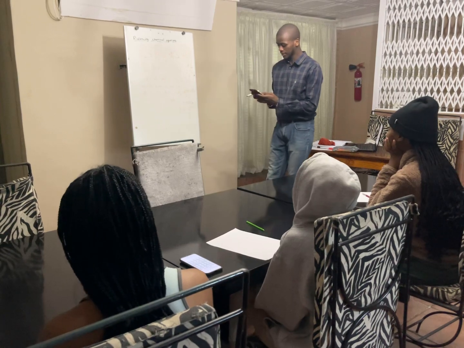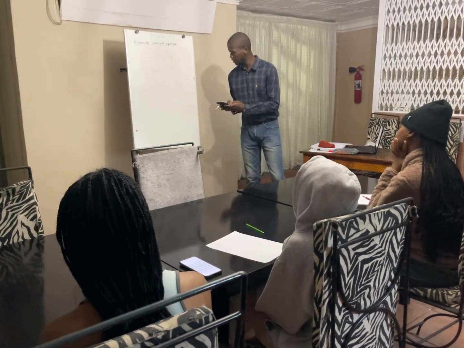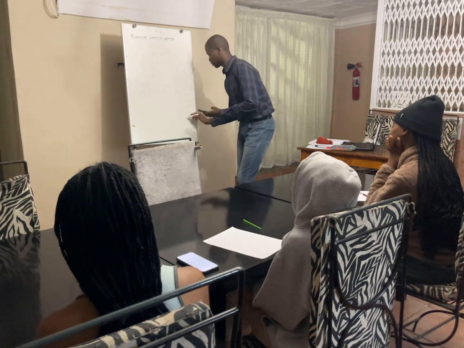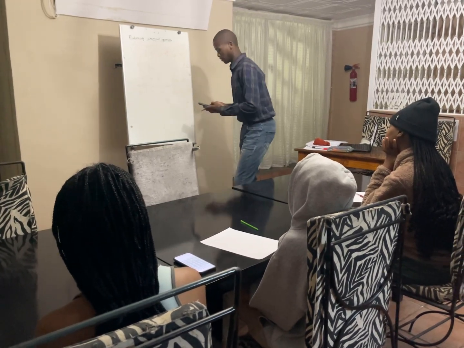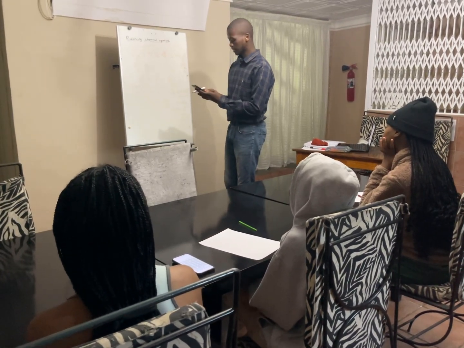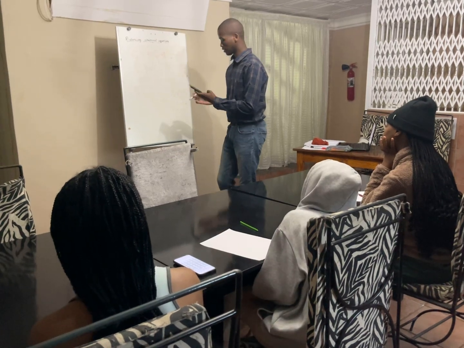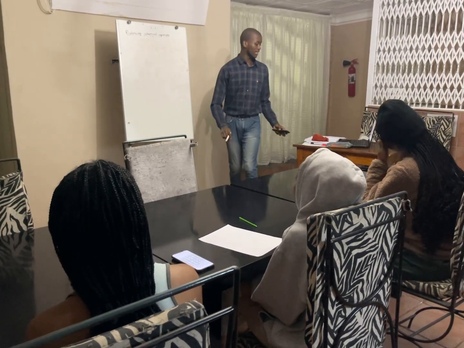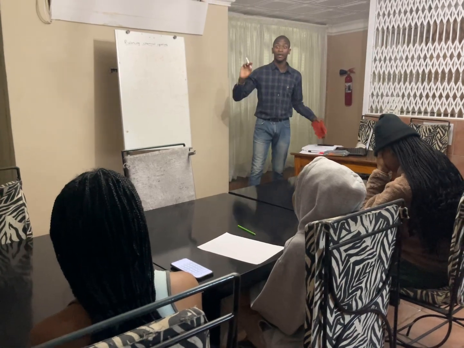Okay. 96 plus 64 plus 8 plus 36 is 204. What about this one? 36 plus 8 plus 160. That's how you maintain balance.